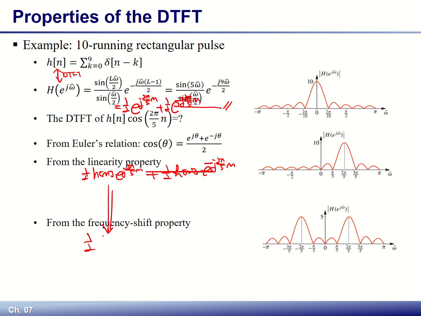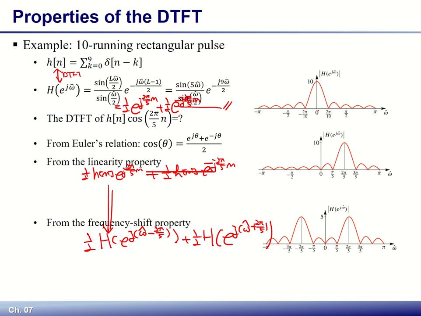A half H(e^{j(omega hat minus 2 pi over 5)}) plus a half H(e^{j(omega hat plus 2 pi over 5)}).